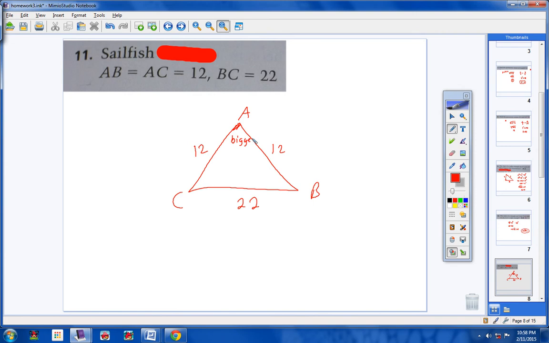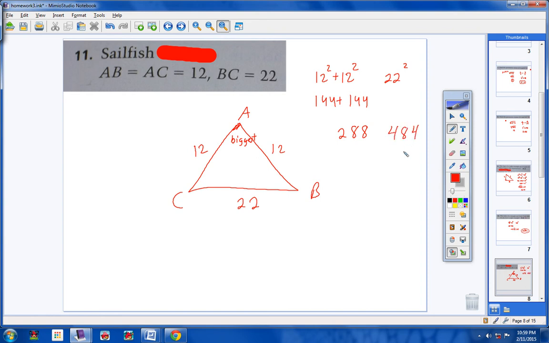Okay? Now, let's see if we have a right triangle, okay? We're going to take your two smallest sides, square them, and add them together. Over here, we're going to square the longest side. Well, we have 144 plus 144, which gives us 288. Alright, now we're going to take 22 and square it, and we're going to get 484.